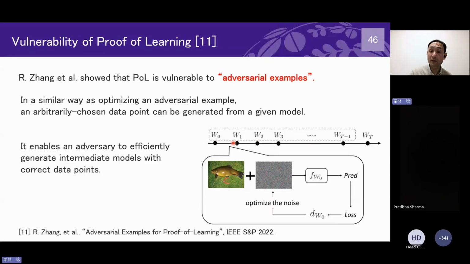But this update information can be generated using the idea of adversarial examples. The detail is omitted in this talk, but the owner can create a valid proof of learning using adversarial examples. Therefore, the original method is not secure against adversarial attacks.